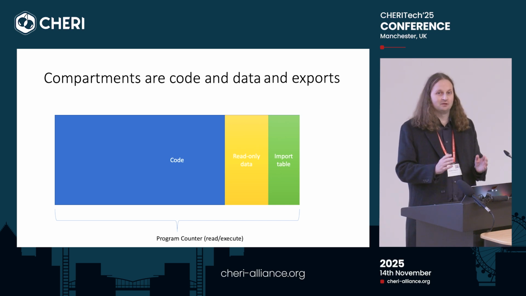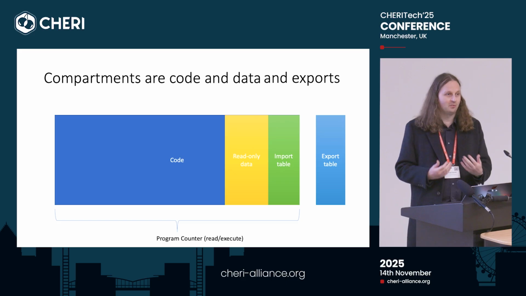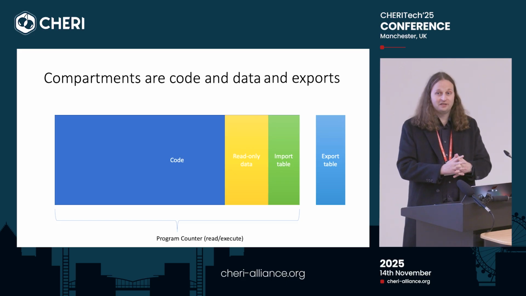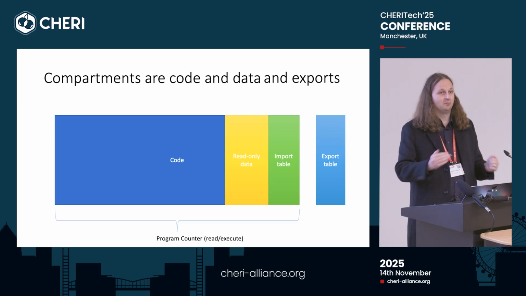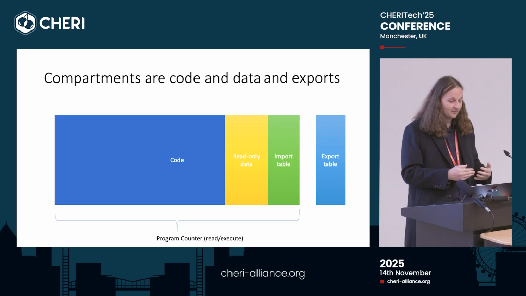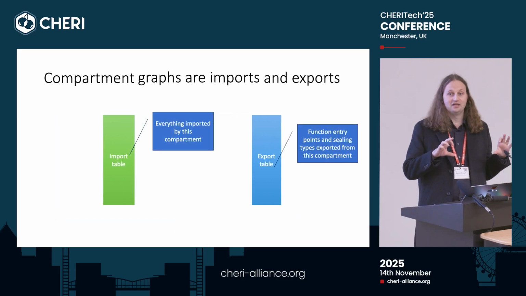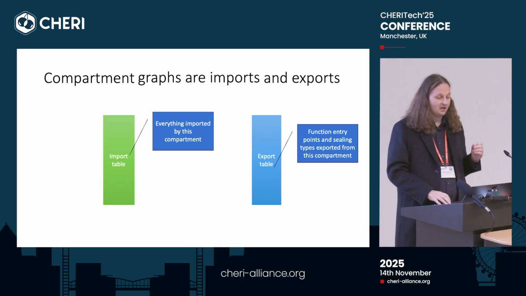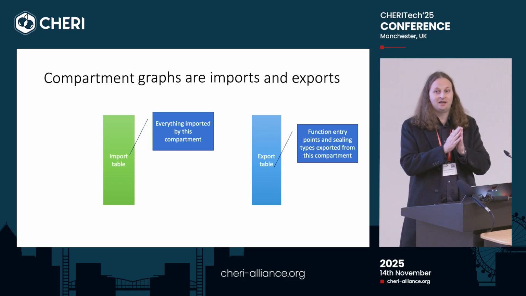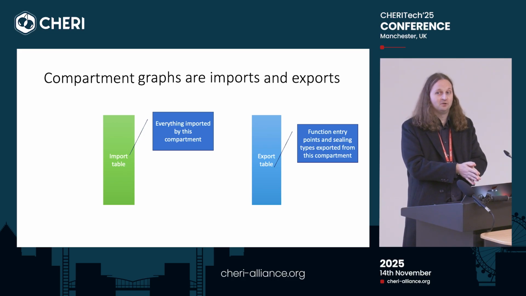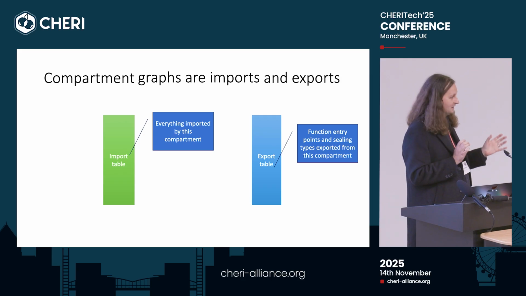And if you zoom out a little bit, there's also one other thing that a compartment has, which is used only by the machinery for doing compartment transitions and by the loader. And that's an export table. And so these two regions in memory for any compartment describe between them either everything exported from that compartment and everything imported into that compartment.